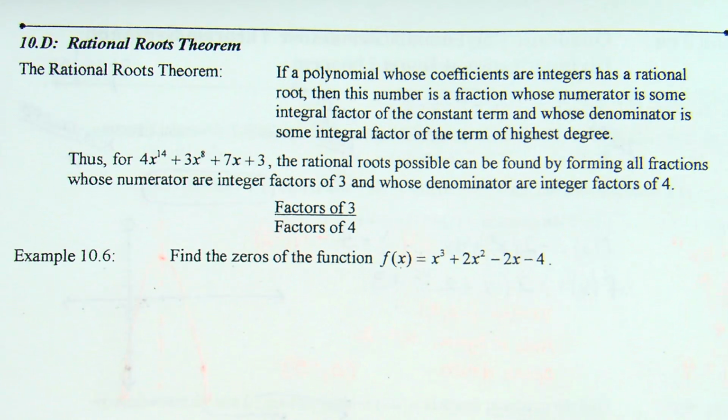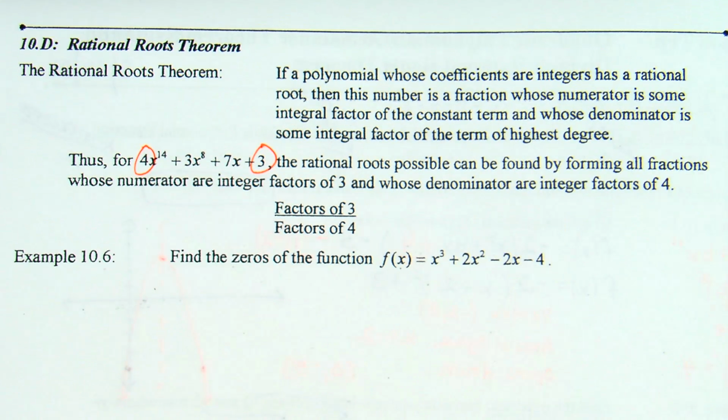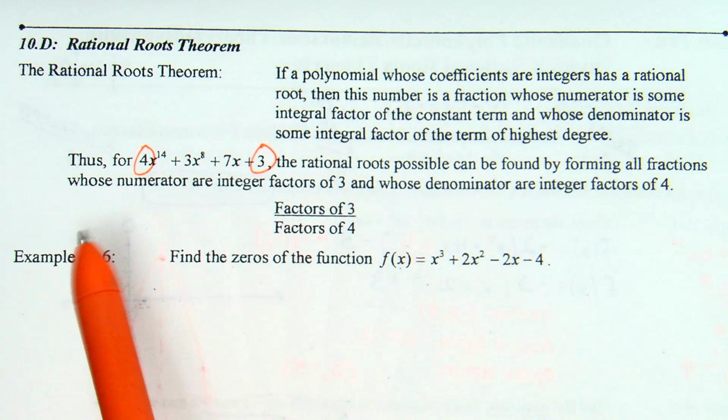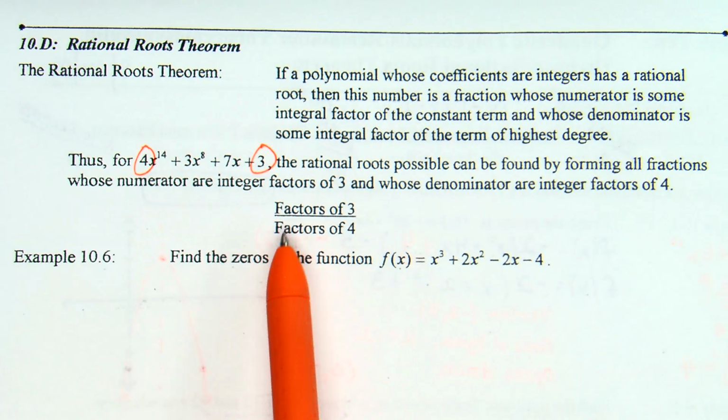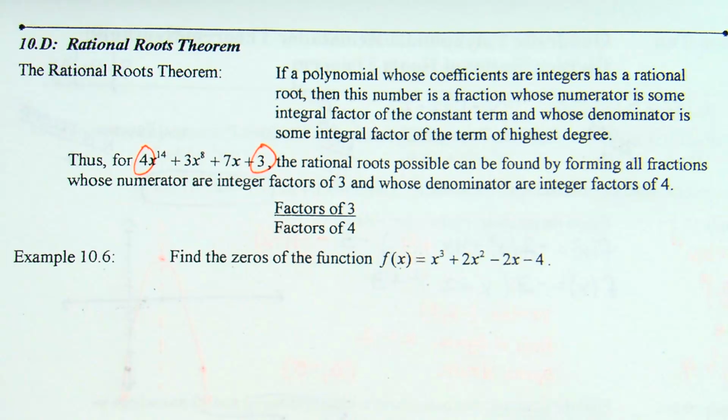AKA, we're talking about the last term and the first term, right? So the constant being the number at the end, and the other one is the coefficient of the highest degree. Thus, for this example, the rational roots can be found by forming all fractions whose numerators are factors of 3 and whose denominators are factors of 4. Okay?